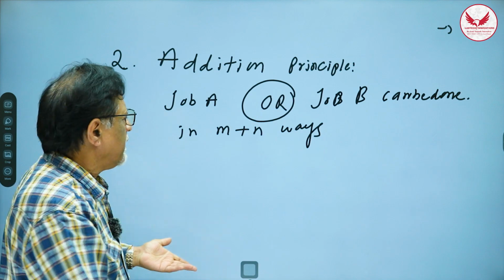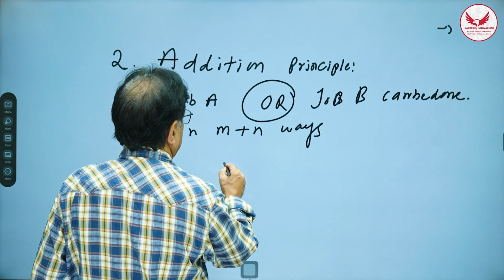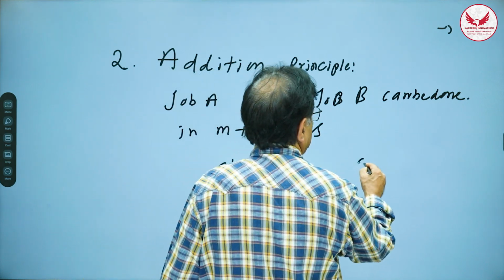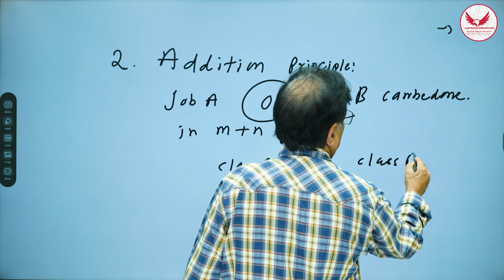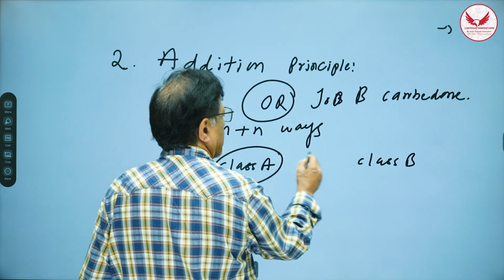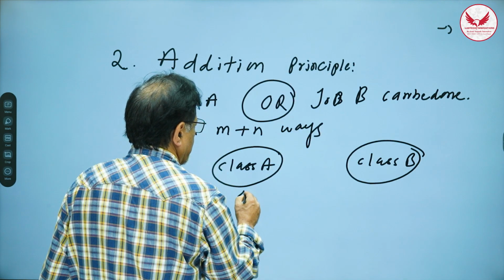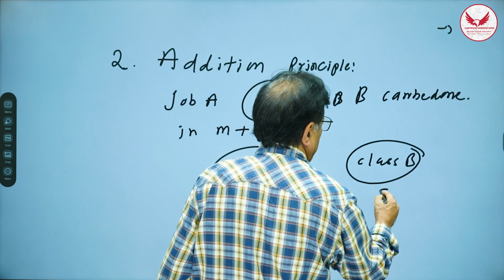That is very simple. In other words, suppose there is a class A division, and there is a class B division. Class A has, let us say, 4 students and class B has 5 students.